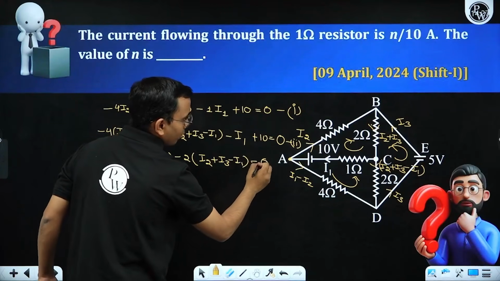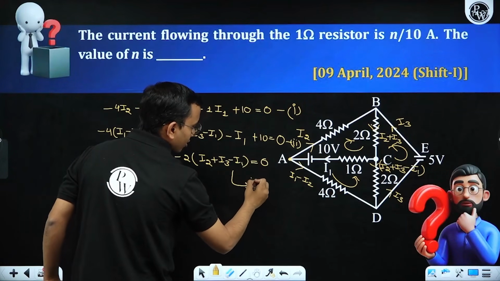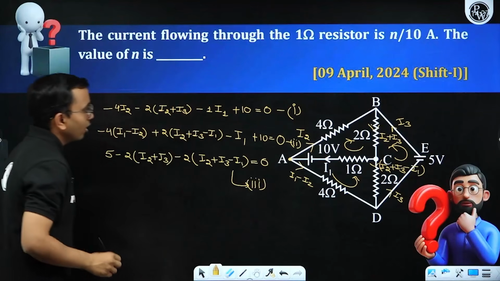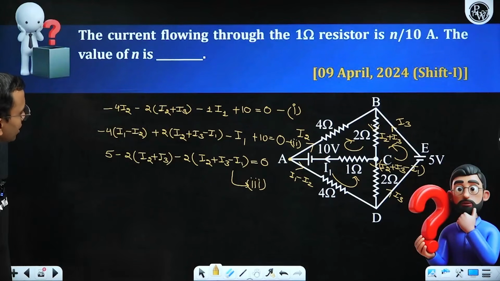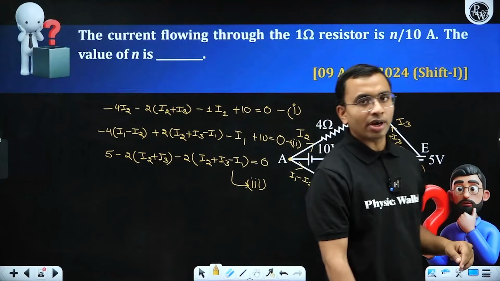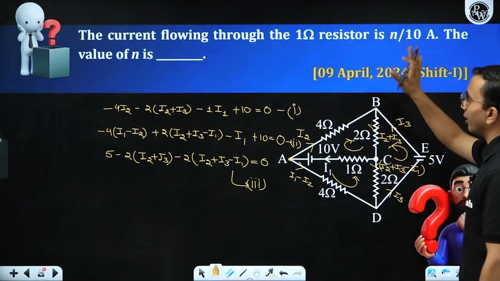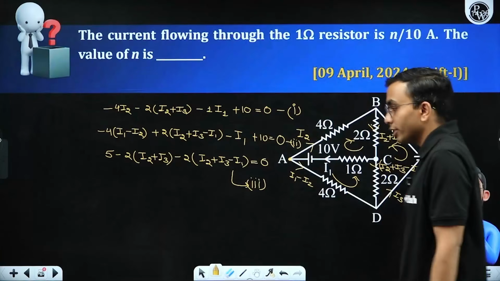I completed the loop, it is equal to 0. This is my third equation. Three equations we have, three variables we have. We can solve for I1, I2 and I3, and we need to find I1. Okay, from here you can solve these equations.